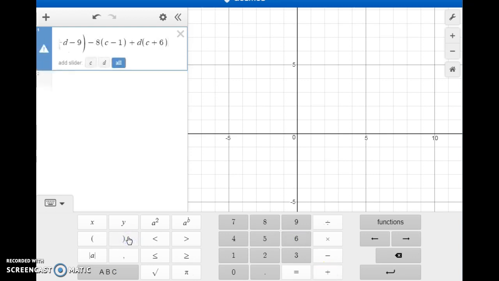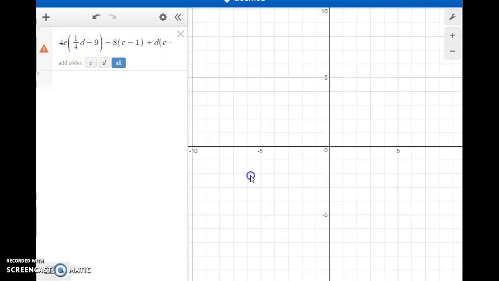Okay, so notice I typed it in as is. Because we use a different letter, notice it didn't graph anything, okay?